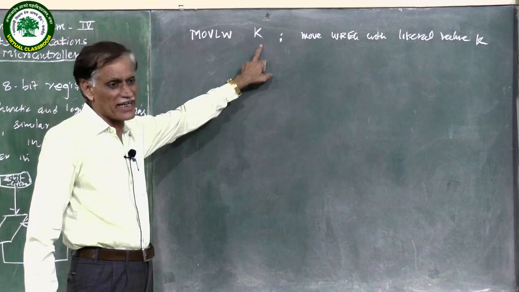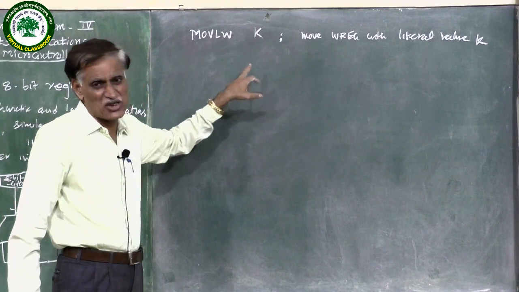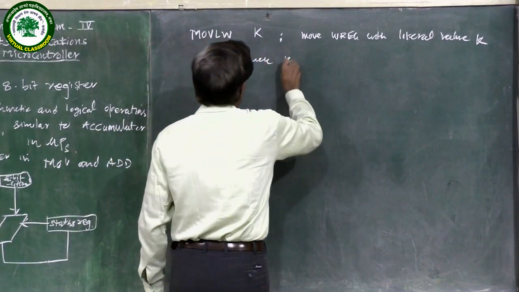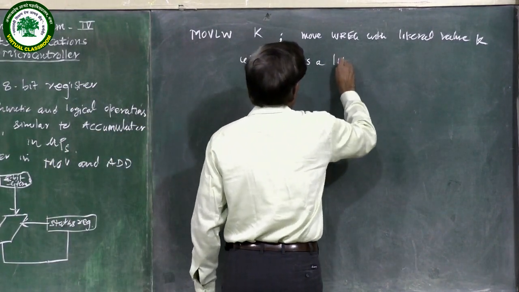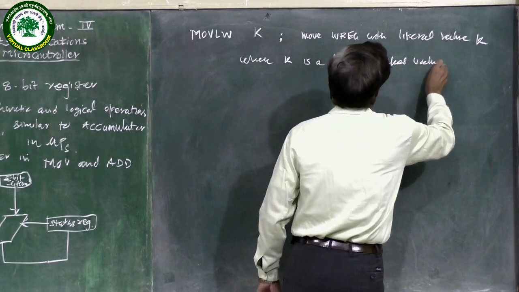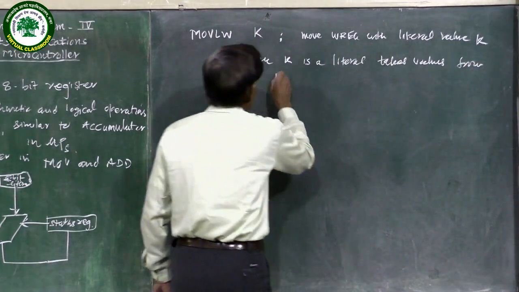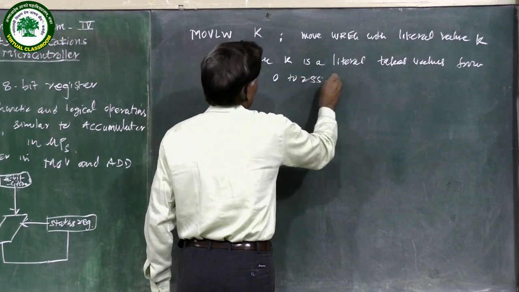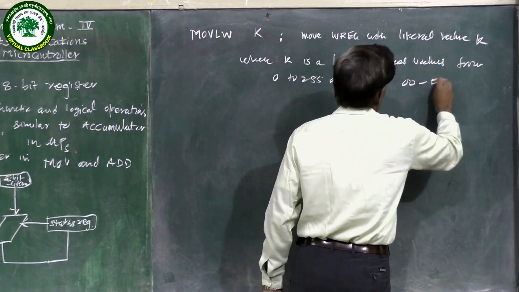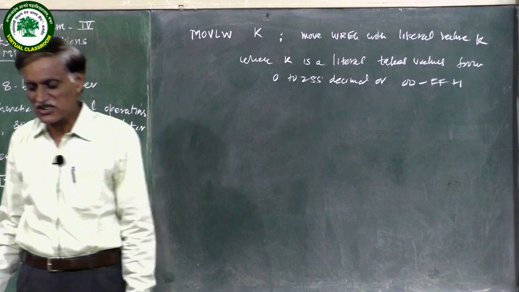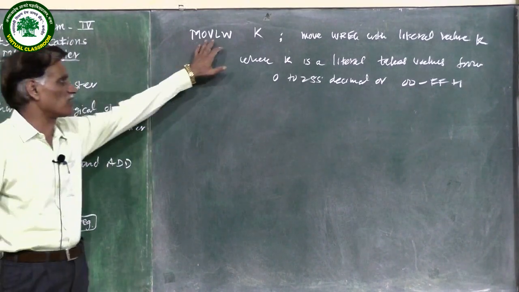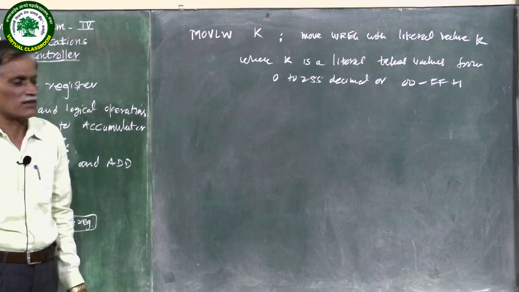The literal value K is directly loaded inside the WREG register, where K is a literal that takes values from 0 to 255 in decimal, or 00 to FFH. That means you are able to place any literal value inside the WREG register by using this particular instruction.